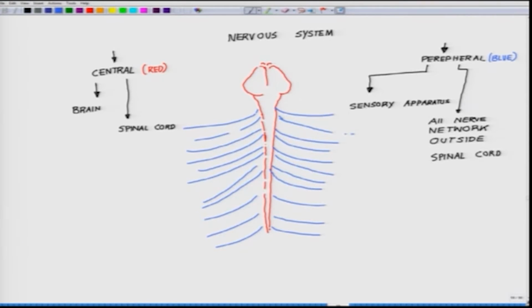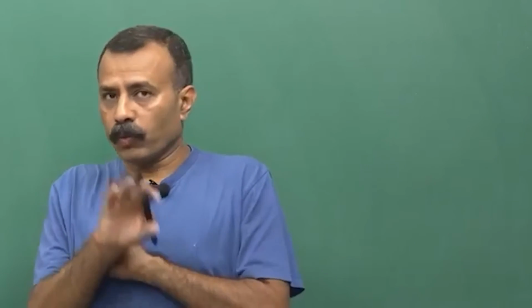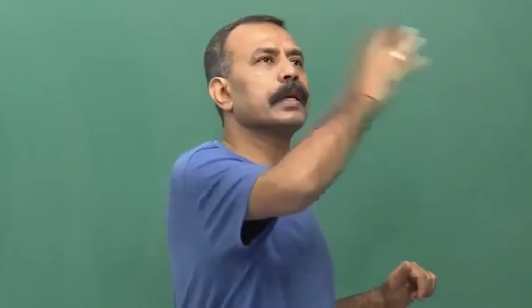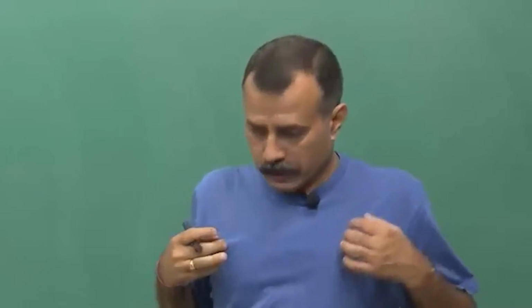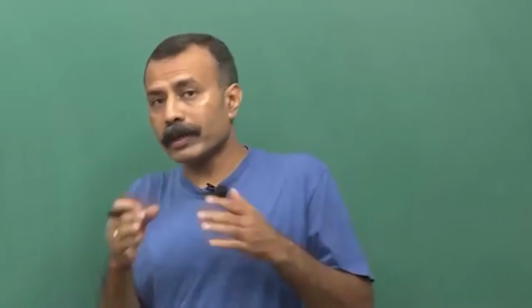Now, from all over your body, informations are gathered. These informations can even be from your gut, from inside. Okay. So, this is all outside the spinal cord. So, when I say all around, it not only signifies outside world, but some of the things which are happening inside your body, but they are outside.